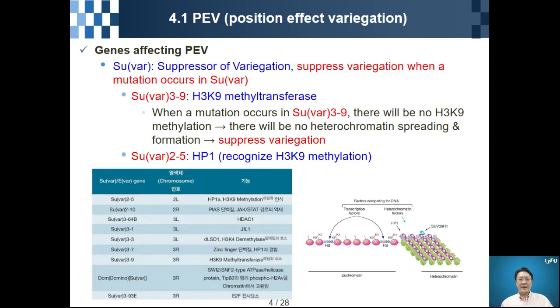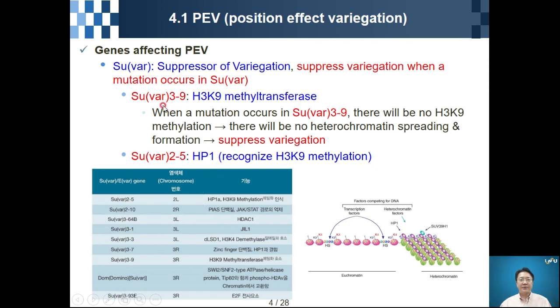So in this slide, we will learn the genes affecting PEV. First of all, we will learn the SU(VAR), suppressor of variegation. There are several types of genes affecting PEV, and this table summarizes them.